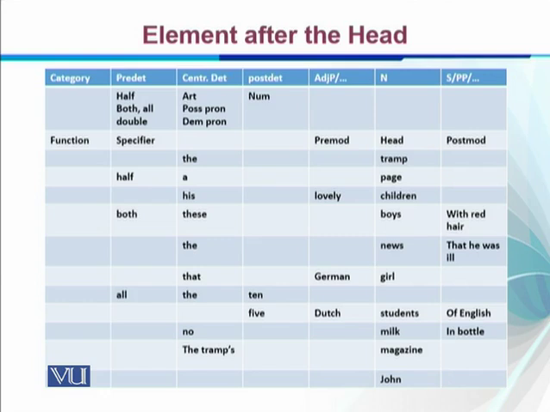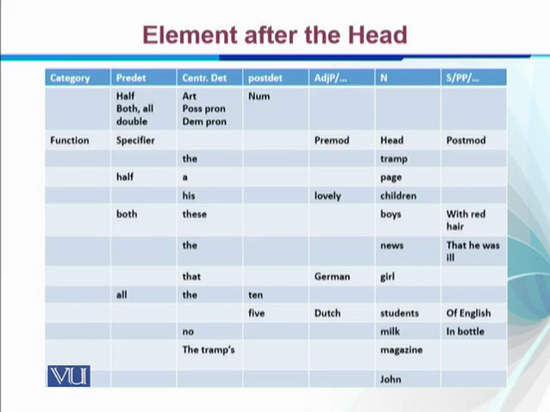So these are some functions and usages of a noun phrase. You can look at them in more detail. For example, central determiners can be articles, possessive pronouns, and demonstrative pronouns. So you can have the, his, these, etc.